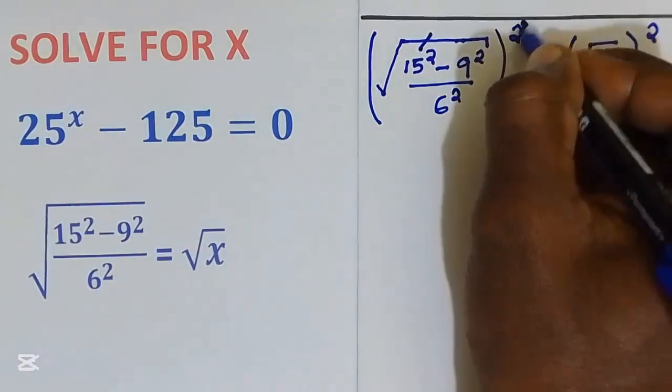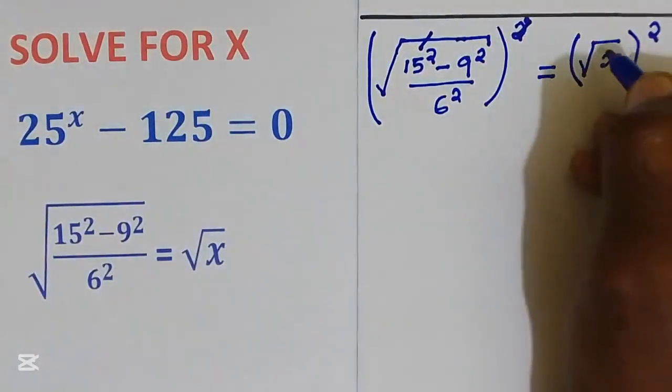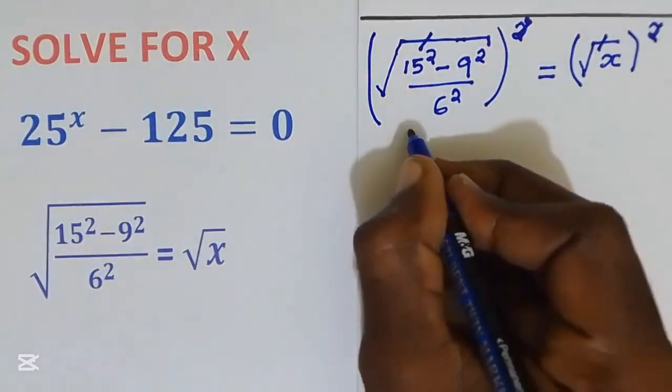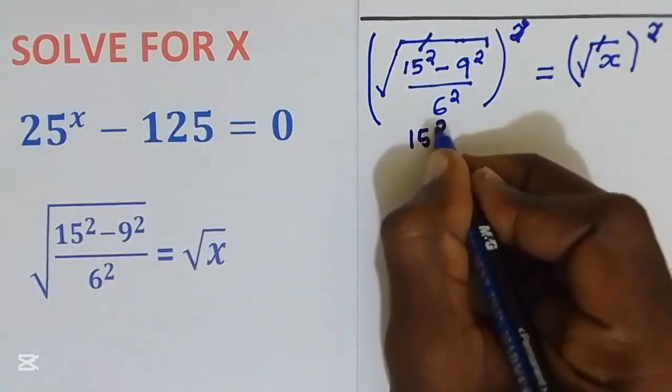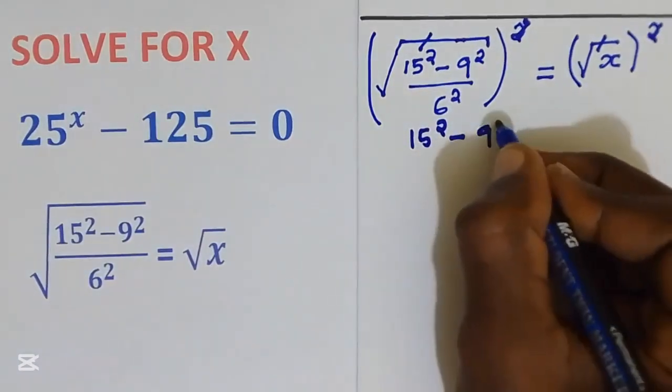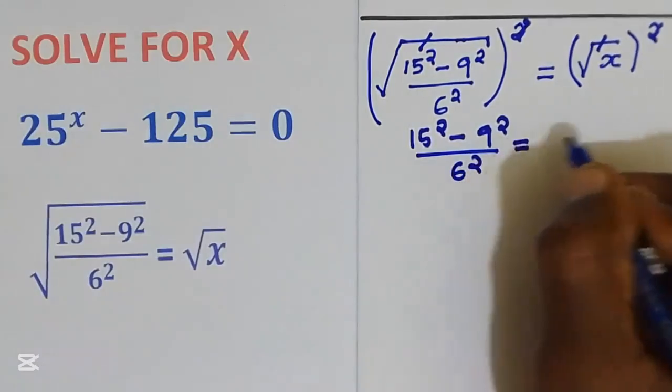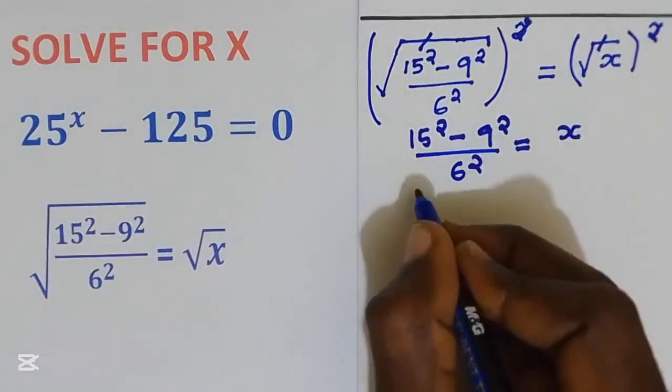Square root and square, they cancel each other, and square root and square, they cancel each other. We are going to remain with (15² − 9²) over 6², which is equal to x.